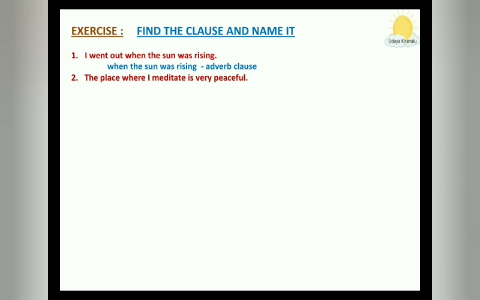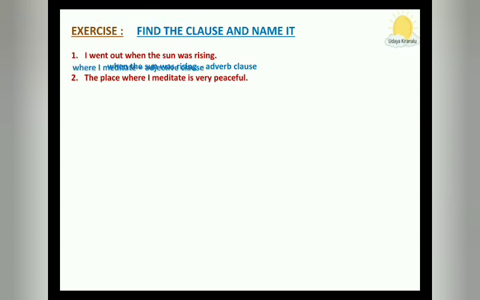Next, let us take a simple exercise. Find the clause and name it. I went out when the sun was rising. When the sun was rising is an adverb clause. The place where I meditate is very peaceful.